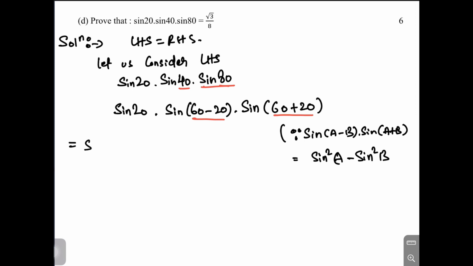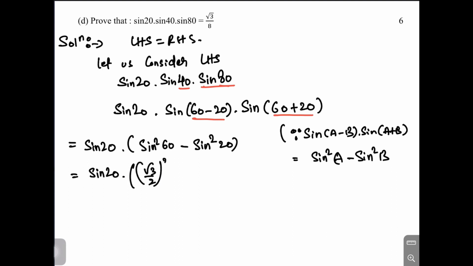So here sin 20 into sin square 60 minus sin square 20 we can write: sin 20 into (root 3 by 2) whole square minus sin square 20. Sin 60 value is root 3 by 2.